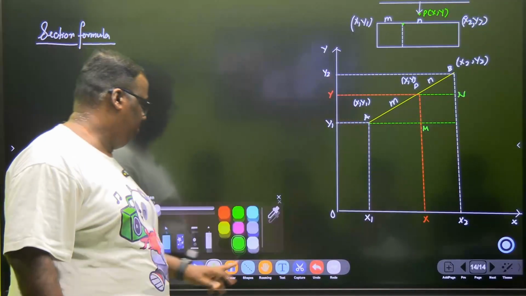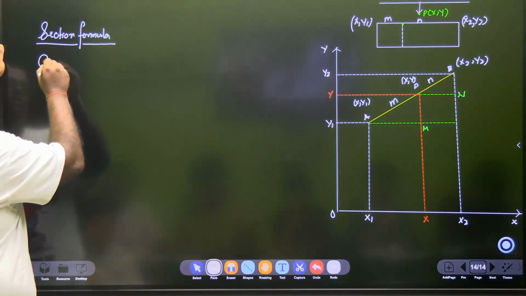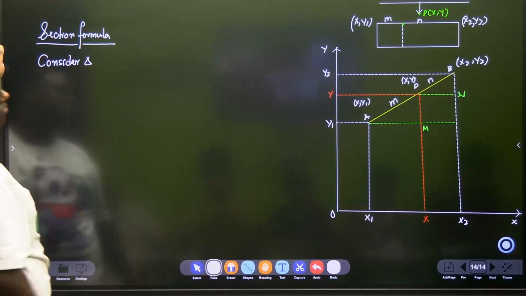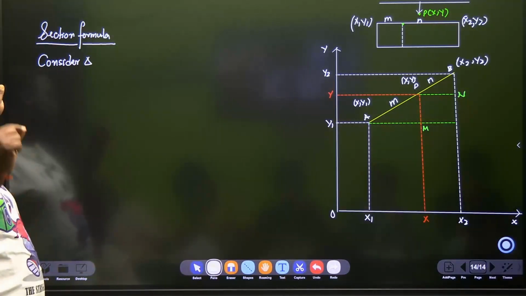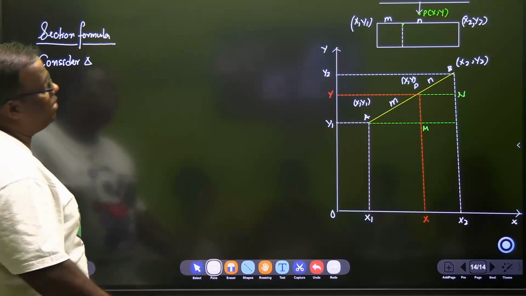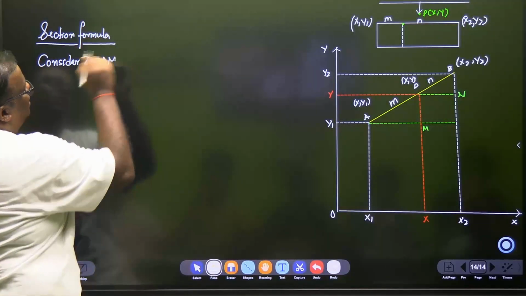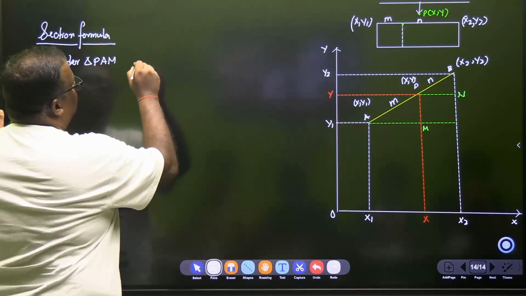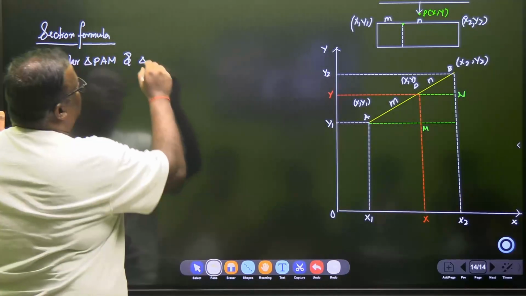Okay, bacha? Okay. Our first job is consider triangle. Now when you write similar triangles, your notation should be exactly in the same order. Now see, I'm writing this triangle as triangle PAM. And then the other triangle would be BPN.